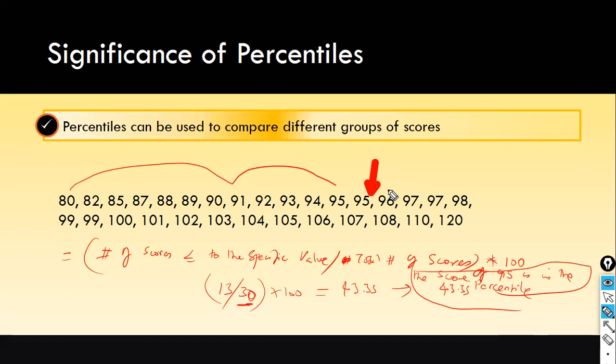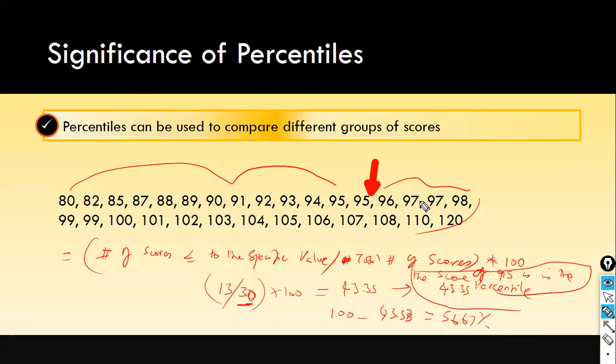We need to subtract this value from 100. 100 minus 43.33, you will get 56.67 percent. Which means 56.67% of the students scored higher than 95 in this data set. That is the remaining students.